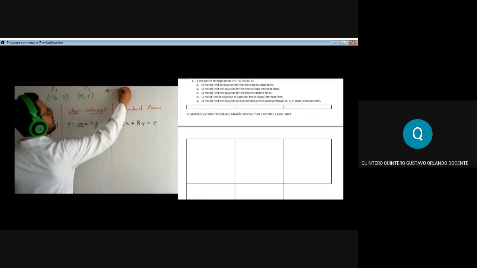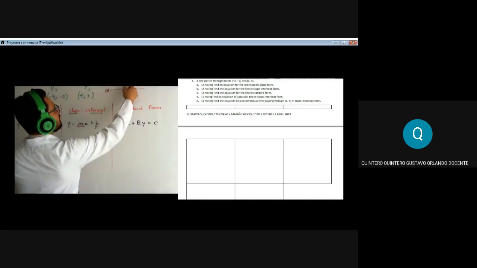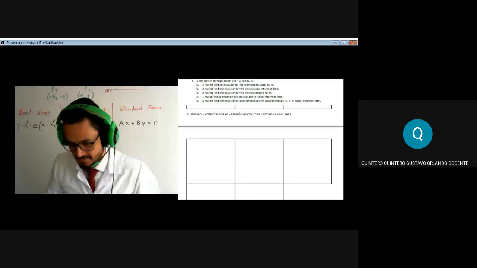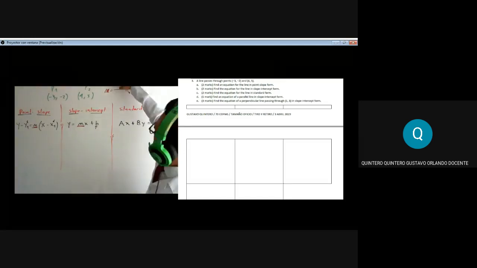The slope will be, again, y2 minus y1 over x2 minus x1. Does anybody have it? No? All right, y2, 5, minus y1, -2, over x2, 4, minus x1, -3. This is the slope, right?